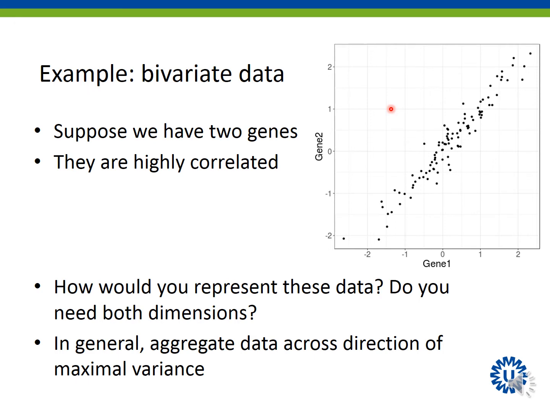And this is a general principle. For 2, 3, or high dimensional datasets, often you find that a combination of features is already enough to represent the data. For example, a combination of gene 1 and 2. In general, this combination can be found by looking at the direction of maximal variance.